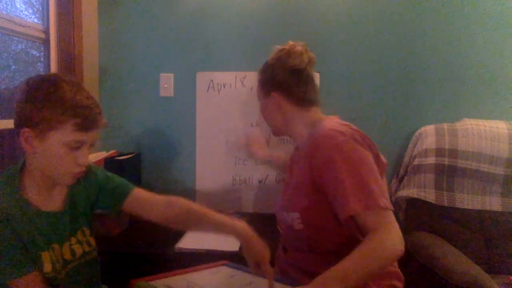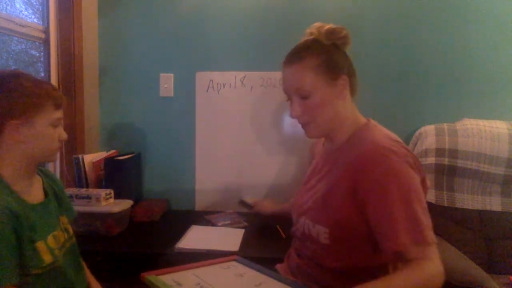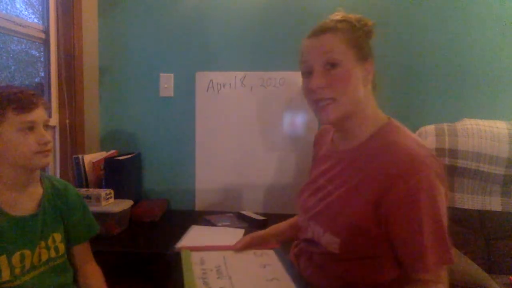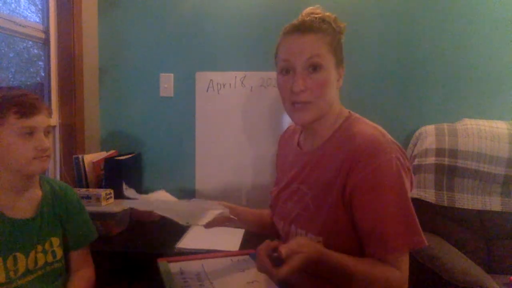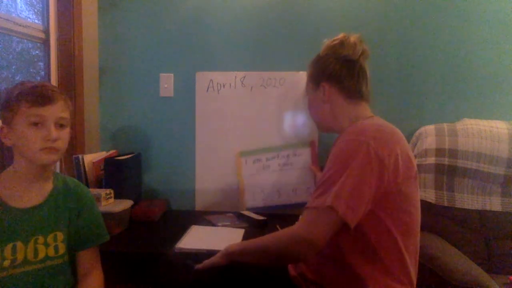He has to earn 5 stars in order to earn his video game time. For every sentence he completes, he gets a star. But if he engages in any crinkling and throwing behaviors, then we take a star away, and then he has to earn that star again. So that's how you would set that up.